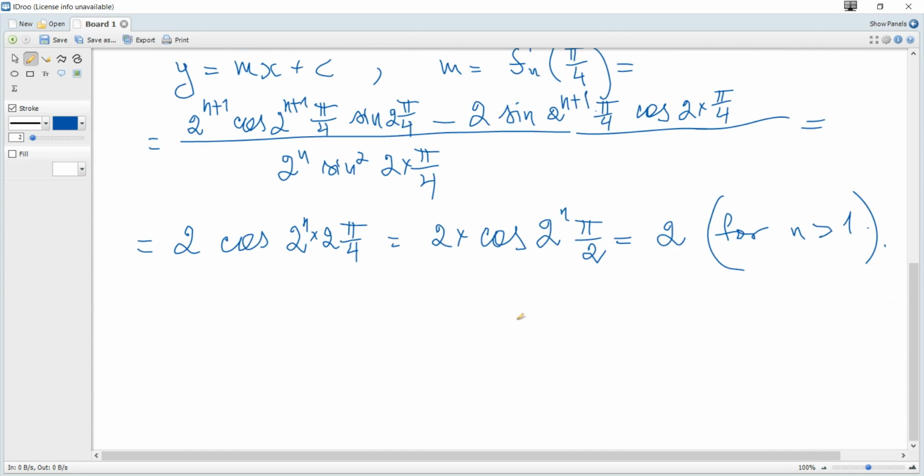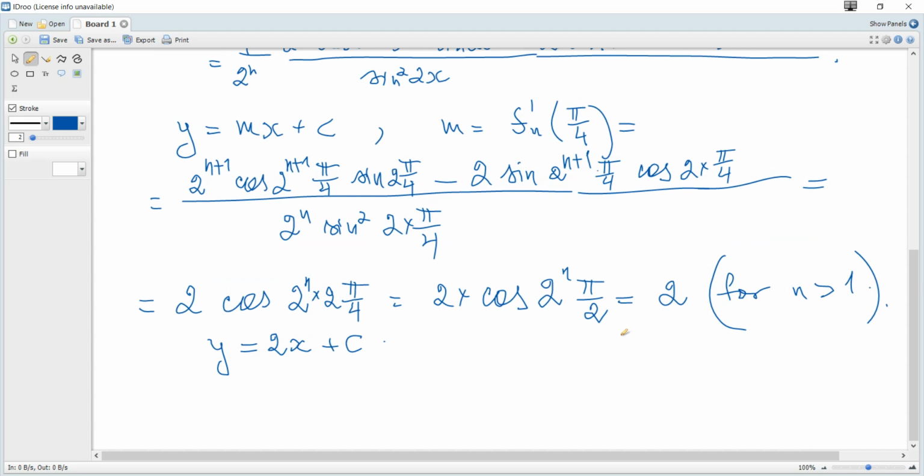So the equation of the tangent becomes y equals 2x plus c, and we need c. To find c we need any point on the given tangent, and the only point we know on the tangent is the point where it is drawn, and it is given that it is drawn at pi over 4.